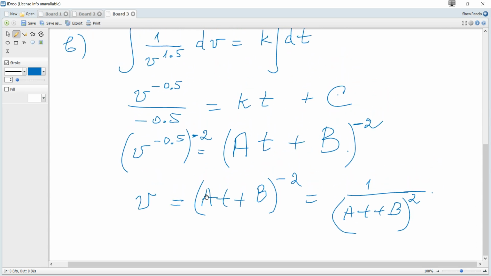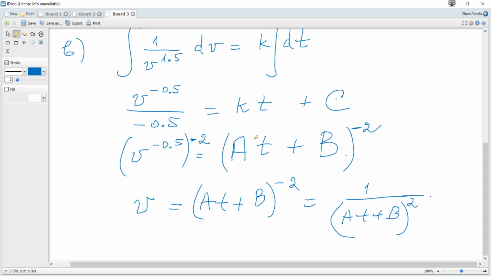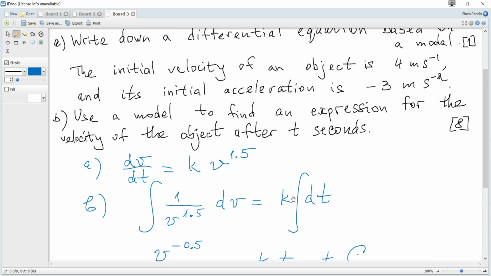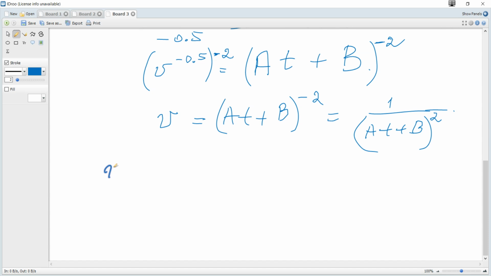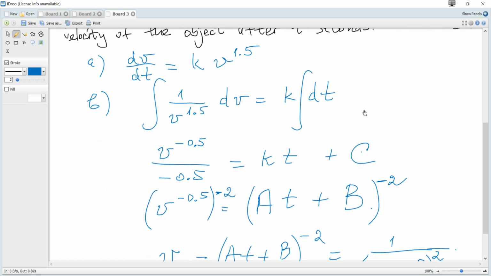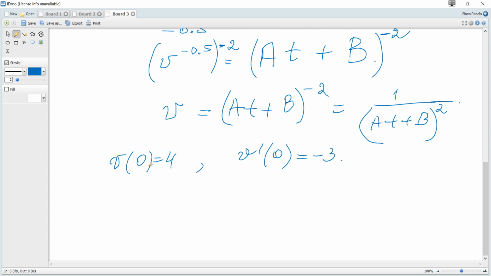To find a and b, you can see that it is given that initially velocity is 4, so v at 0 is 4, and acceleration, which is the derivative of this function, at t equals 0 is negative 3. You can see that when t is 0 the term disappears, so we can find b now.